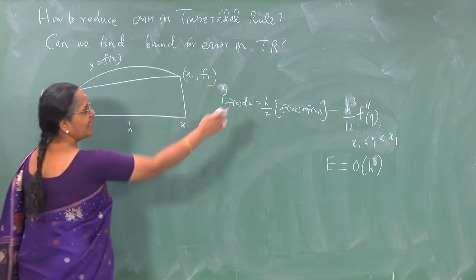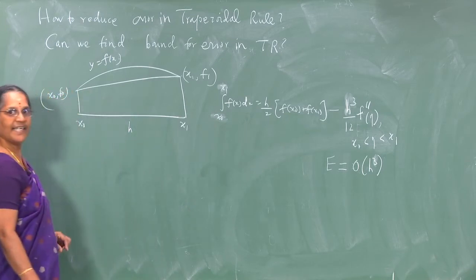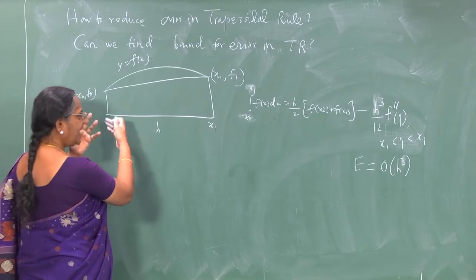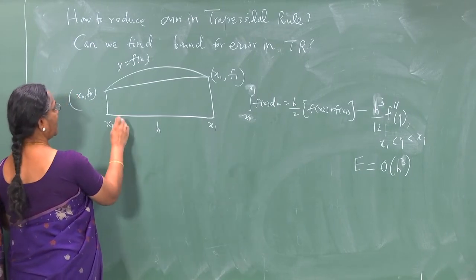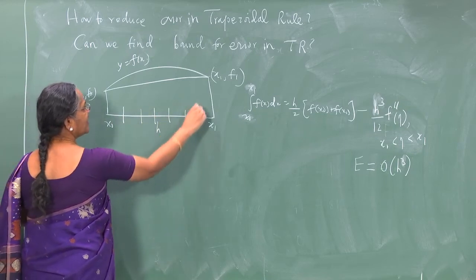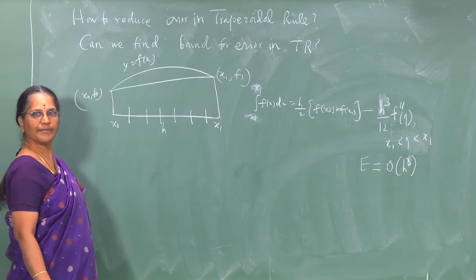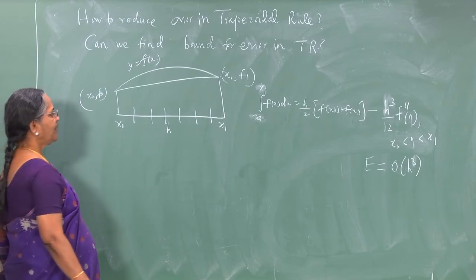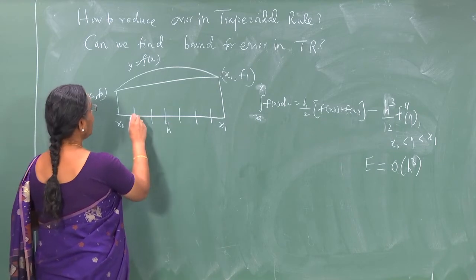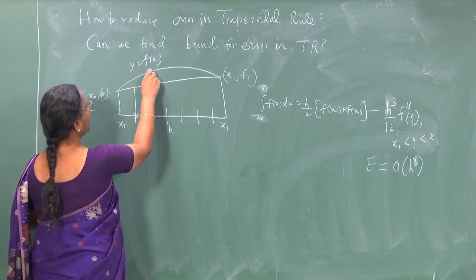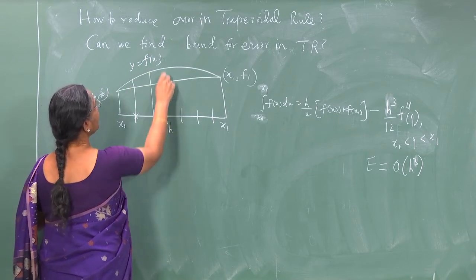So, how can we make the step size h smaller and smaller? You simply divide the interval x naught to x1 into, say, a number of smaller subintervals, say of equal width, and then apply trapezoidal rule in each of these subintervals.